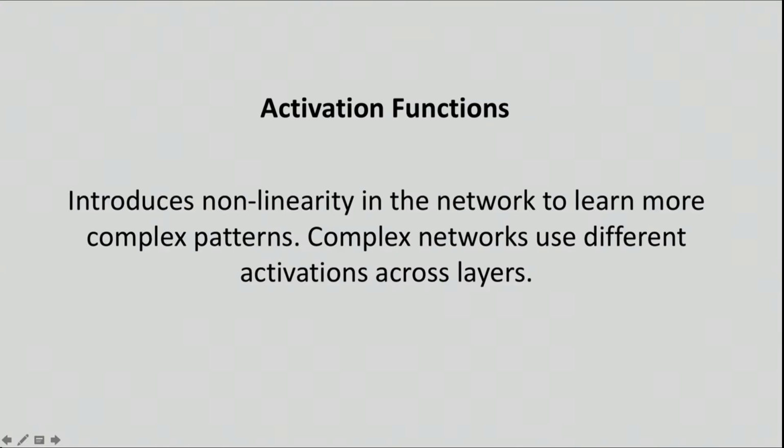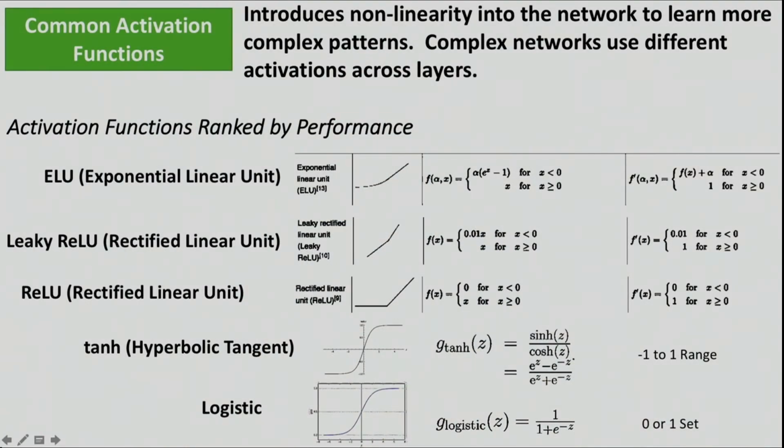So, activation functions introduce nonlinearity in a network to learn more complex patterns. Complex networks use different activations across layers. You're going to see in very complex networks a variety of different methods for activation, and what I've done is I've ranked them here in general by performance.